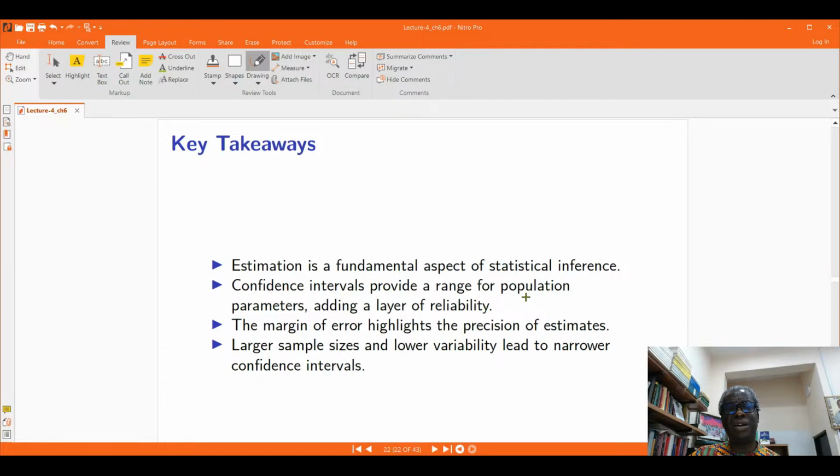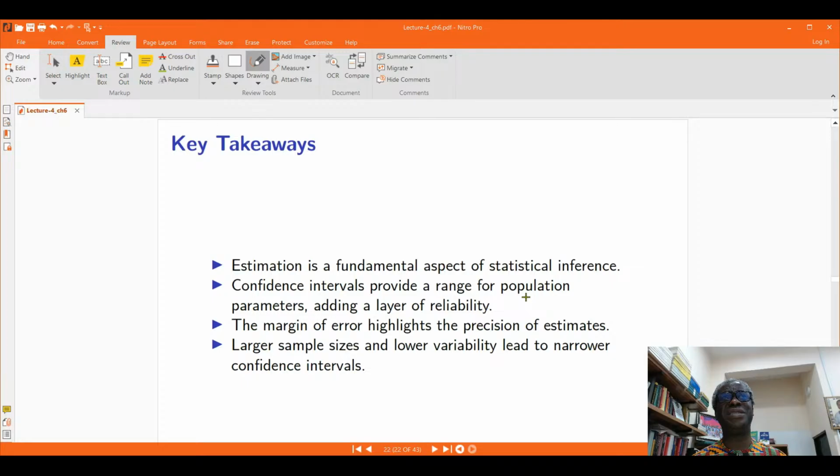So you feel more confident if somebody is able to say tomorrow that the average exchange rate will lie between so-and-so value and so-and-so value.